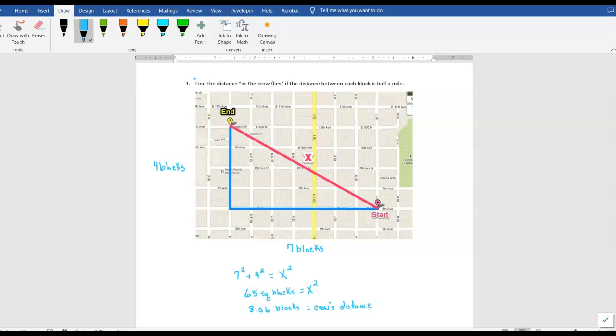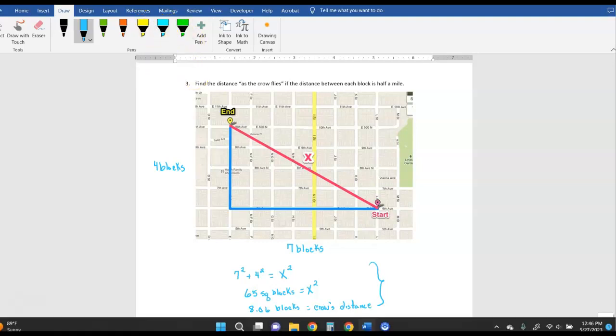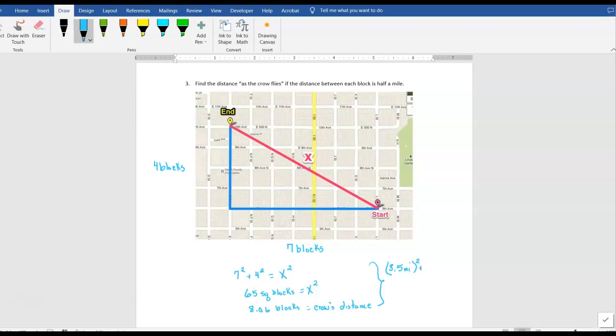Now we could do this in miles instead. It didn't specify which one. It says each block is half a mile, so if we have 7 blocks, that means we have 3.5 miles. And we're going to square that. Instead of 4 blocks, that means we have 2 miles. We square that.